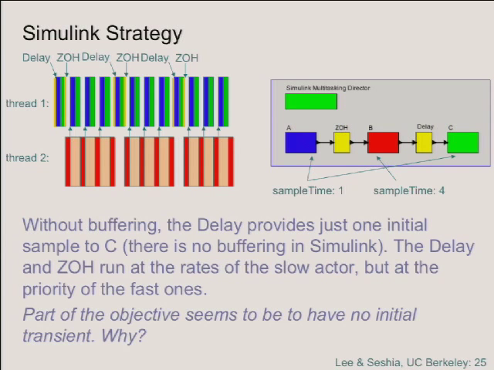Could it be because we don't know when the red finishes? It's not so much that we don't know when red is finished, it's that we don't know when red produces its output. Right? Red could produce its output anytime during its execution.